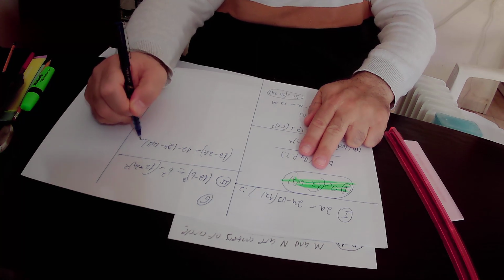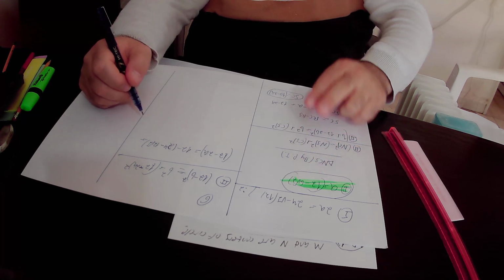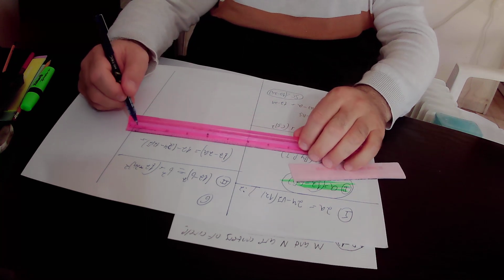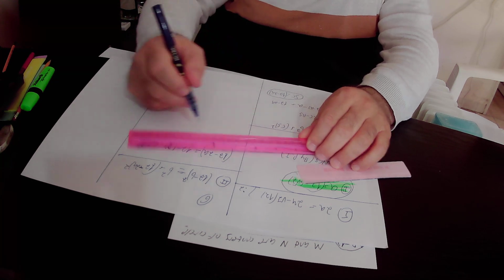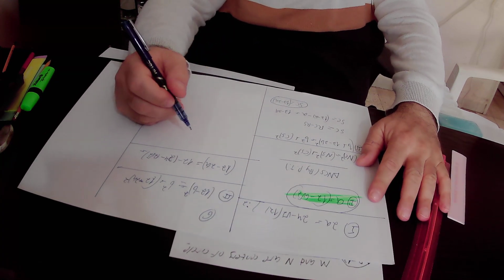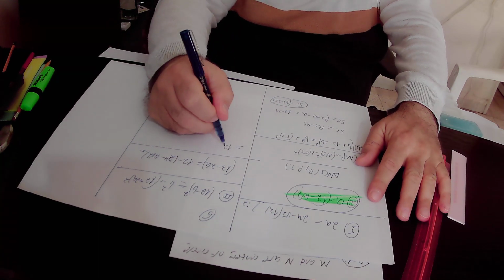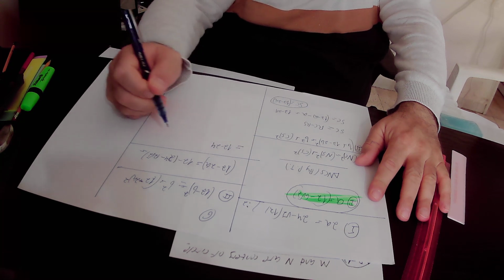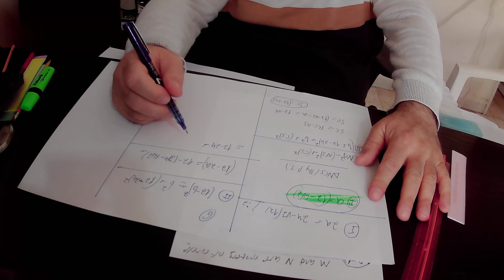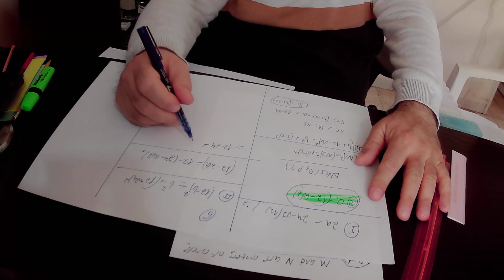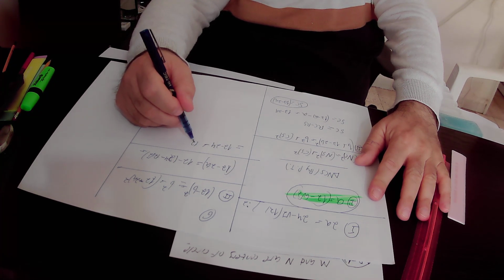We'll open the brackets here, and we'll get that it equals 12 minus 24, minus and minus is plus, plus 12 times square root of 2.